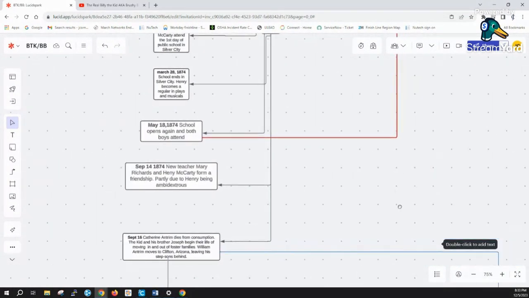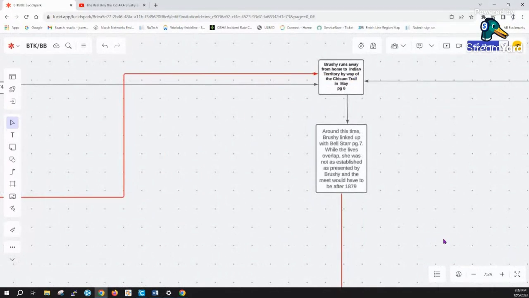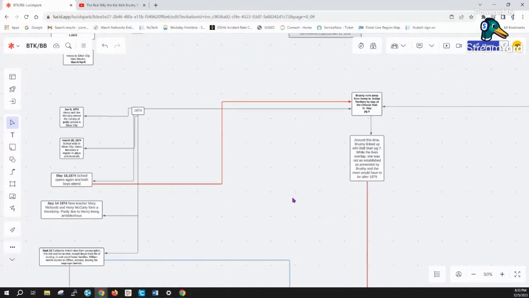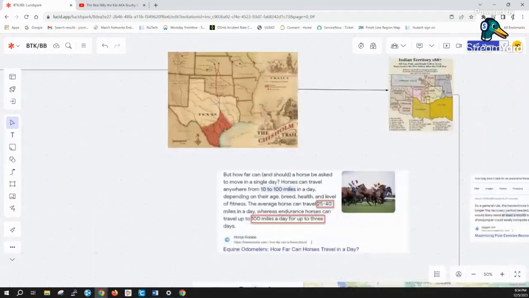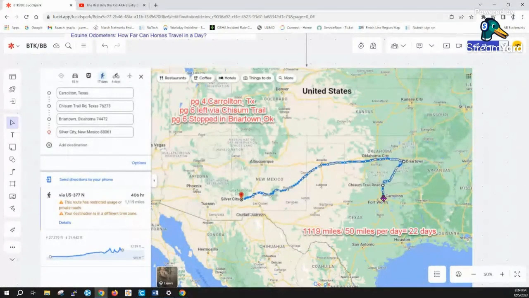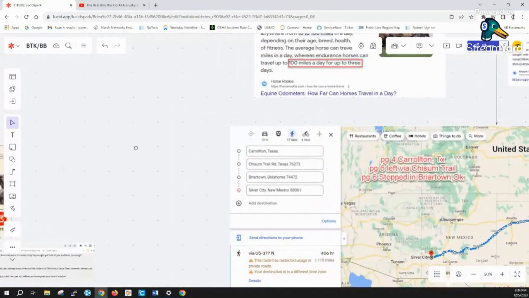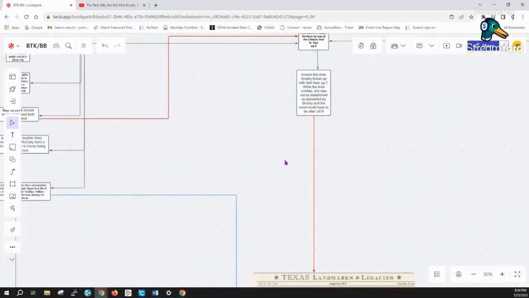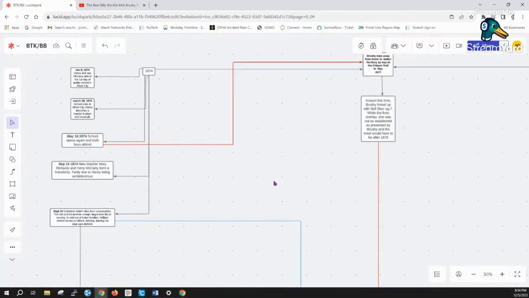So the question is, how does he run away from home? And let's give him the 1st of May, go up to Oklahoma, the opposite direction, and make it to school in 17 days when it would have taken somebody 22 days to do that same route. How is that possible? And I'll give you 2 guesses, but you're only going to need one.